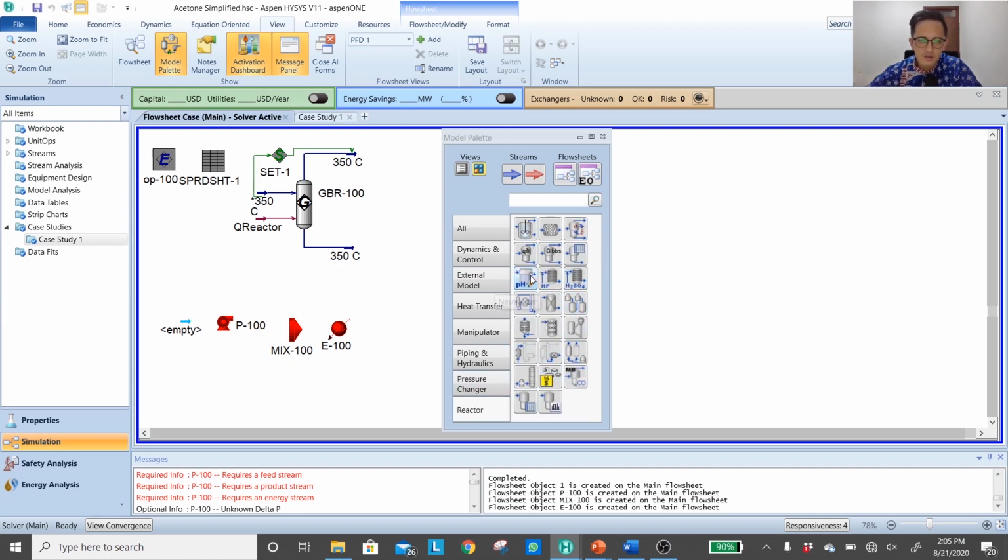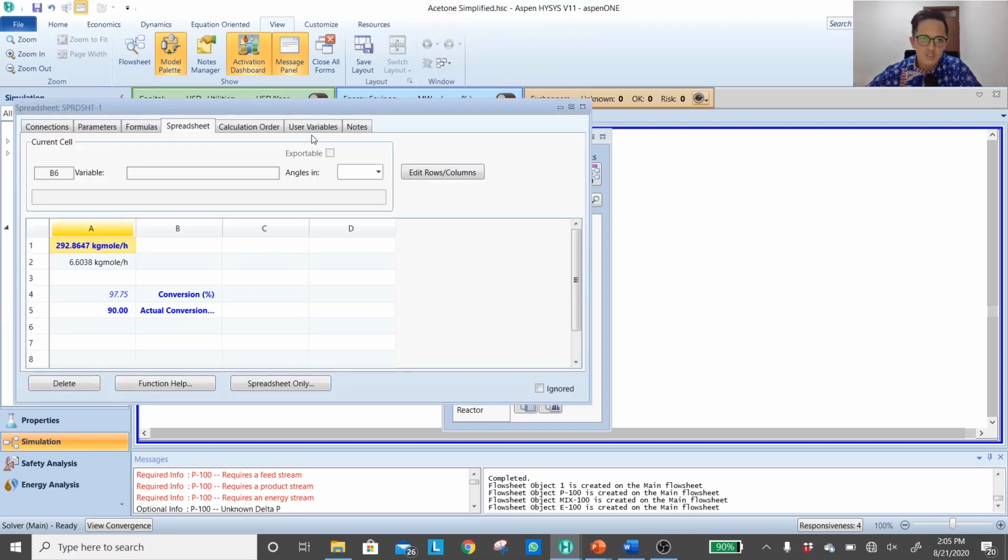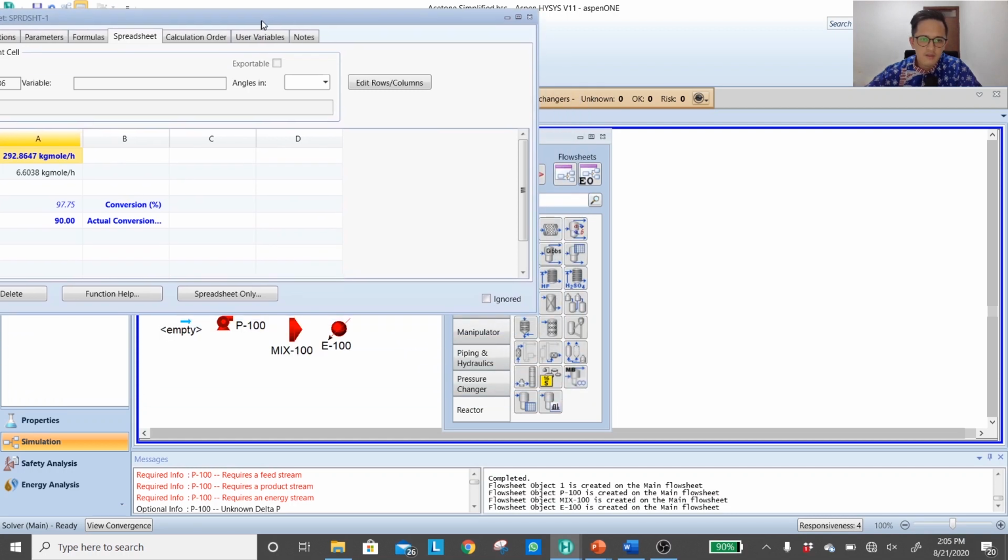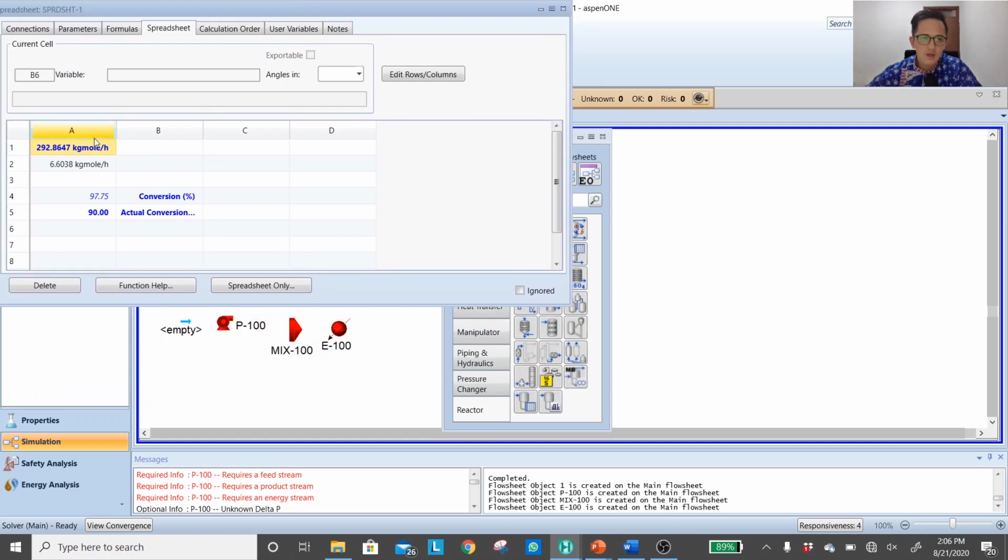For the reactor, we have already modeled using the Gibbs reactor, and as I told you before, we get the maximum conversion of about 97.7% at the selected operating conditions, but we will round down that number to 90% for the final sizing.